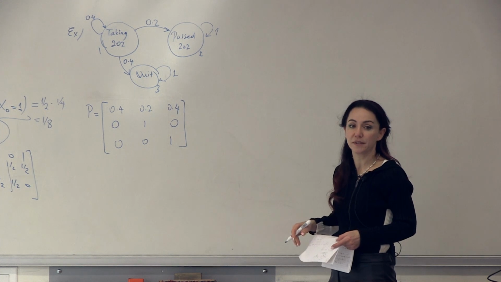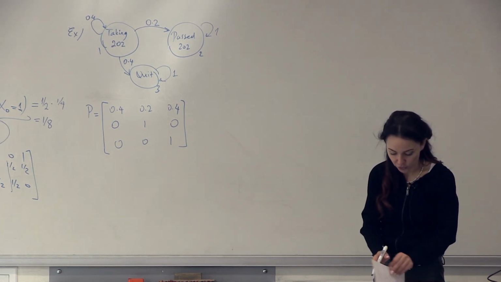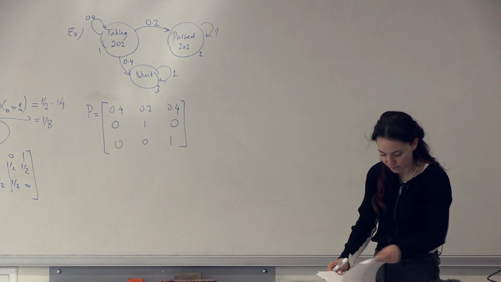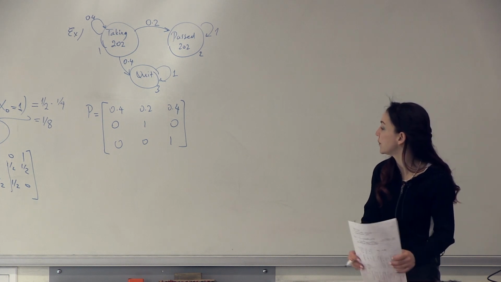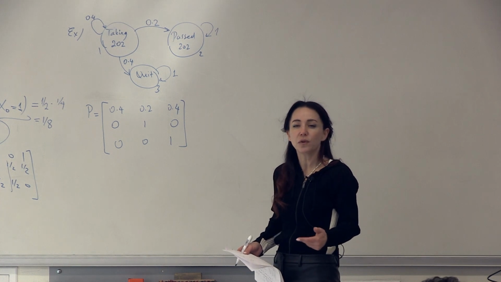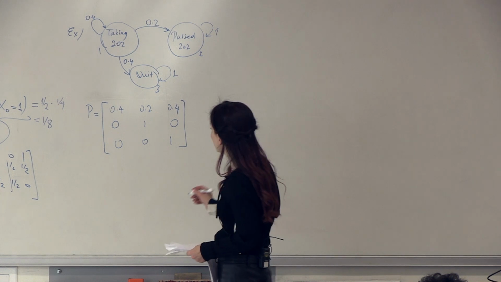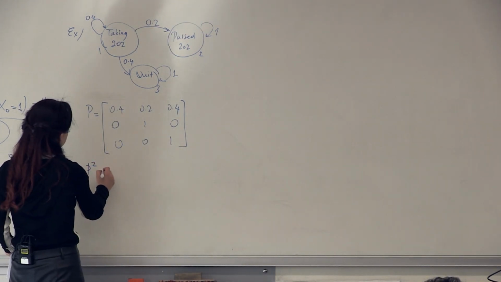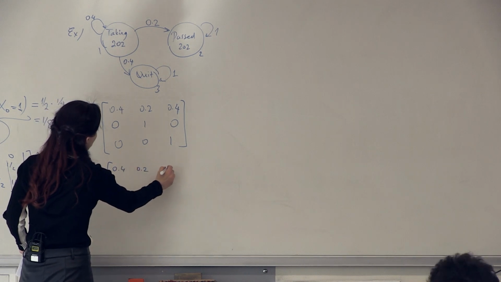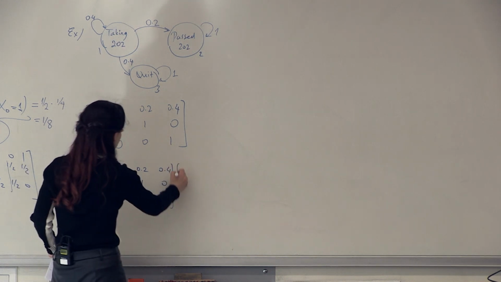So let's see what happens after 2 transitions. The question in the lecture notes asks us what happens after several transitions, and in fact, it's asking us to infer what will happen eventually. All right, so let's compute P squared: 0.4, 0.2, 0.4, 0, 1, 0, 0, 0, 1, multiplied by the same thing.